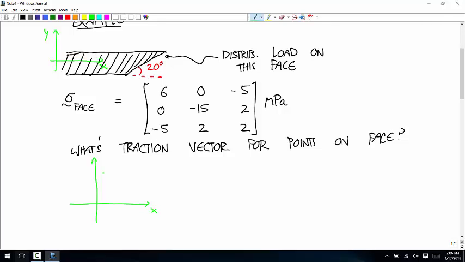I know it's 20 degrees from the positive x-axis to here, so I'll draw a vector there. And that's counterclockwise from the x-axis, so that's going to be positive. And then the outward facing normal is perpendicular to that.